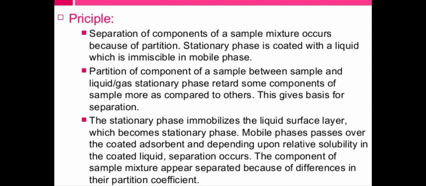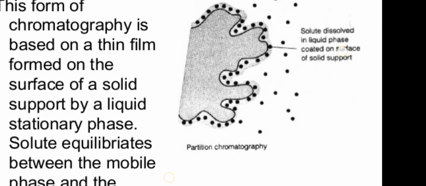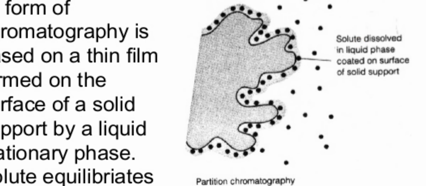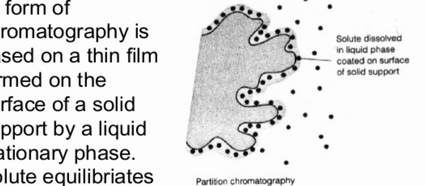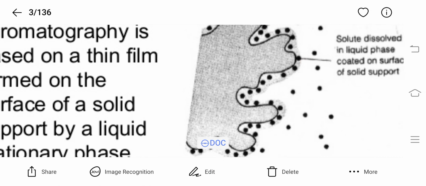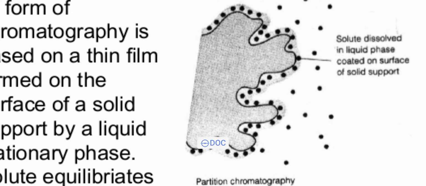The components of the sample mixture appear separated because of differences in their partition coefficient. Now you can understand by this figure: this is the stationary phase, and you can see that there is a liquid coated above this, and this stationary phase has immobilized this liquid, and in this liquid some particles of some components are absorbed and some adsorbed.